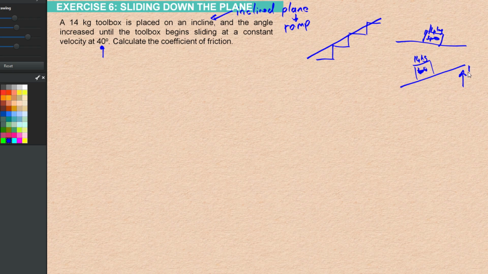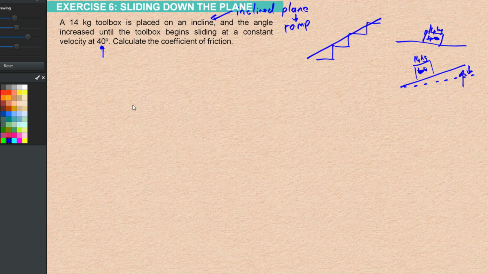So they would actually adjust the ramp slightly in this situation to account for the different size of kinetic friction versus static friction. But conveniently, this problem is nice and simple, and it just says calculate the coefficient of friction at 40 degrees is what this breaks down to.